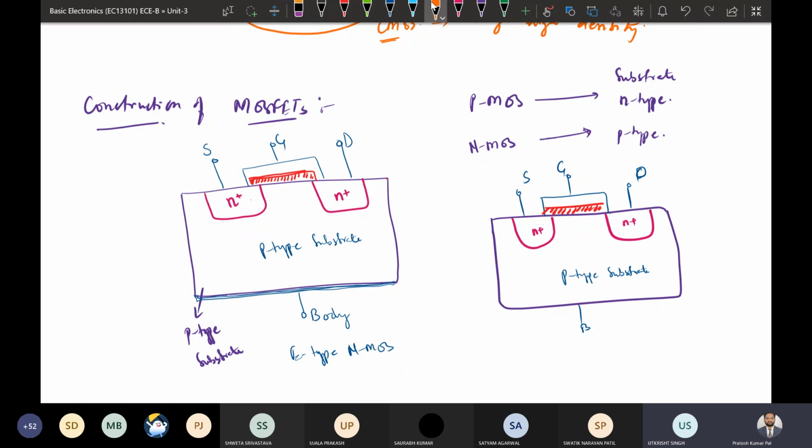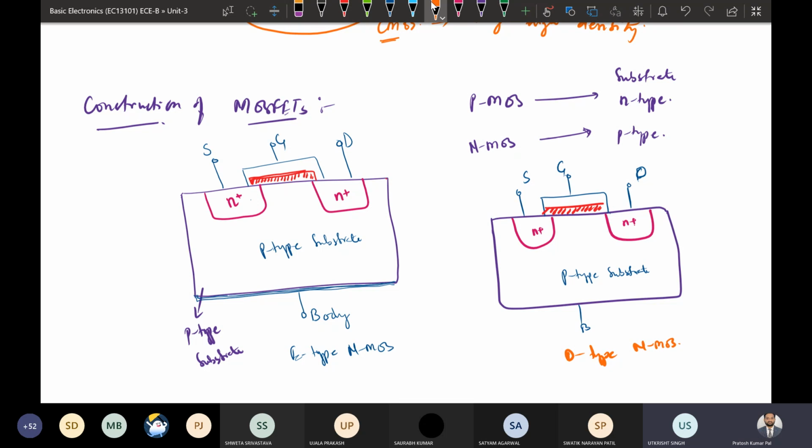So in the depletion type, suppose MOSFET is there, this is depletion type MOSFET. So here predefined electrons will be there. That means charges will be available here previously.